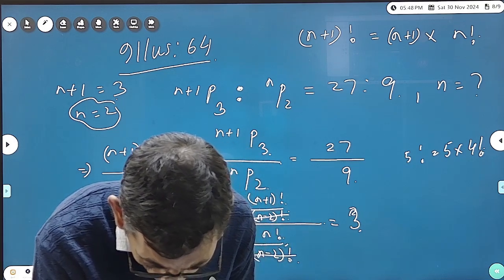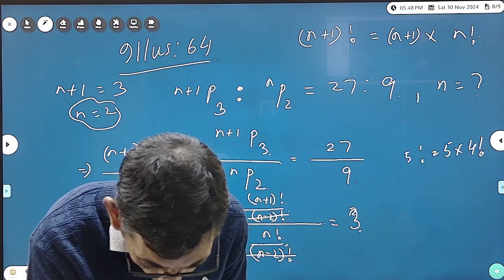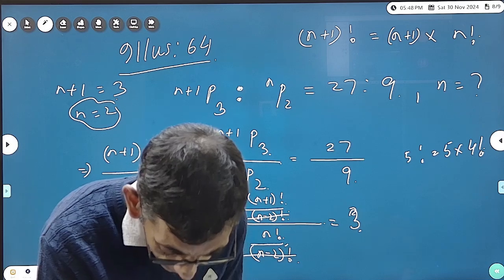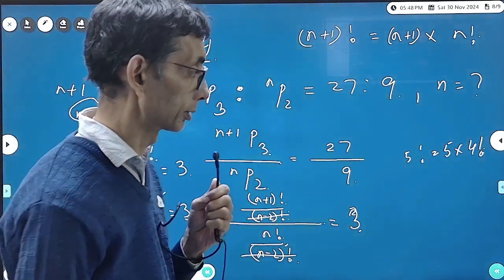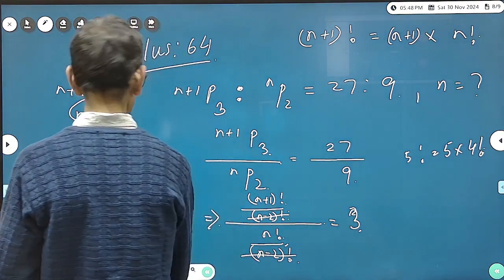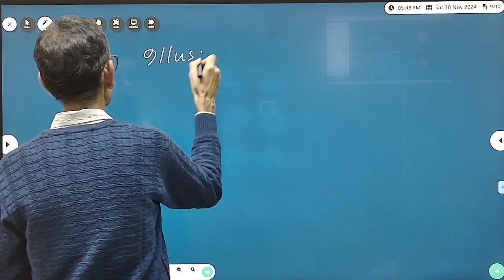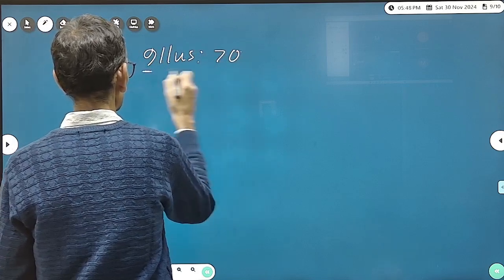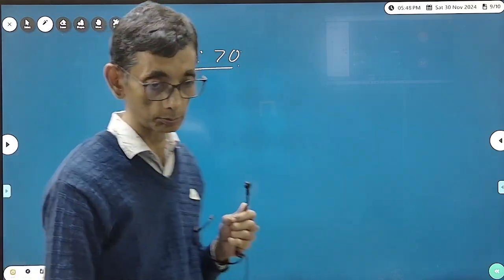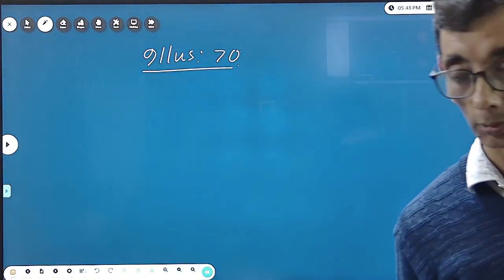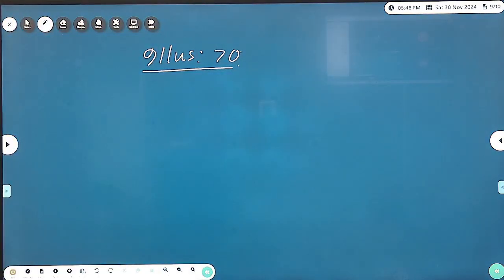Okay, find the number of 5-digit numbers that can be formed. Illustration 70.